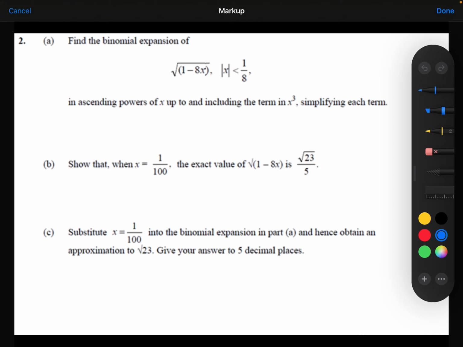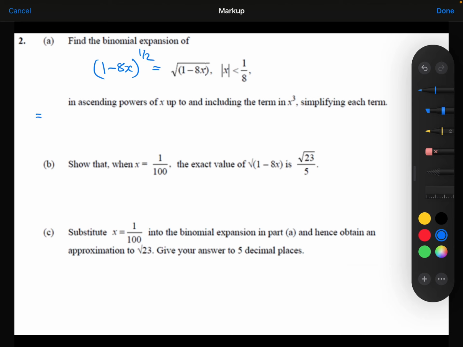So instead of the square root, I'm going to rewrite this as 1 minus 8x to the power of 1/2. So to use the formula, I've obviously got the 1 at the front, which is good. My x in this case is actually a minus 8x, and my power, the n, is actually 1/2.